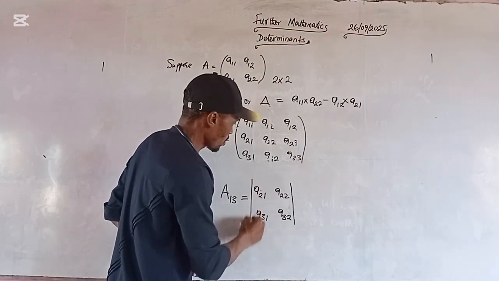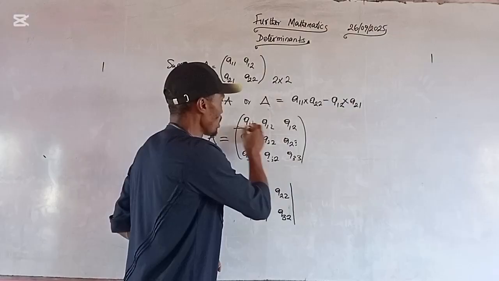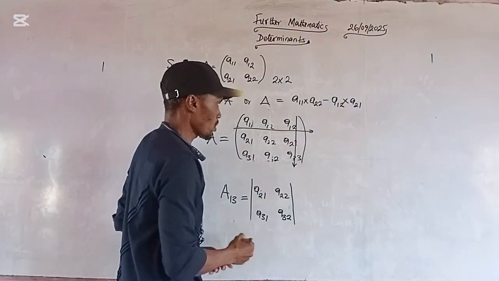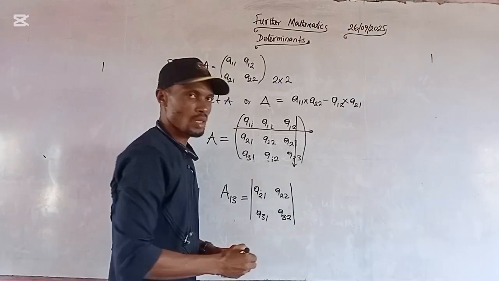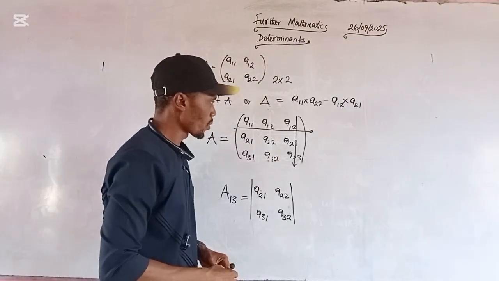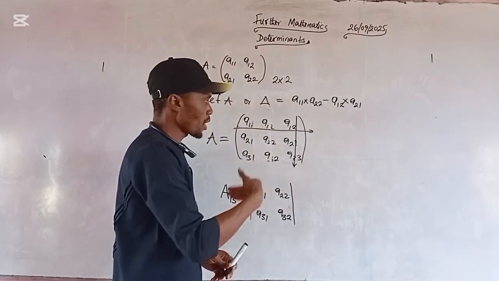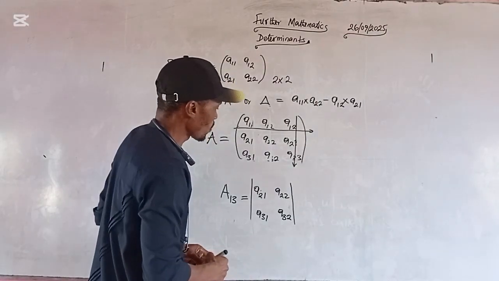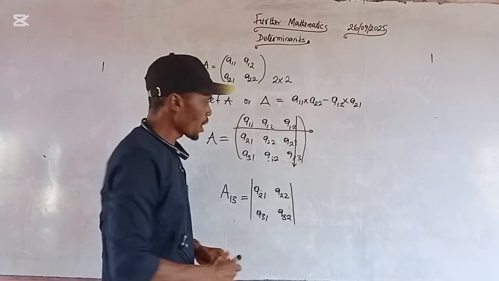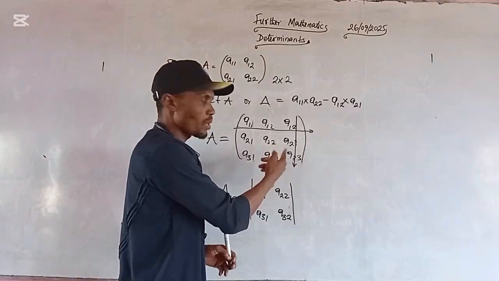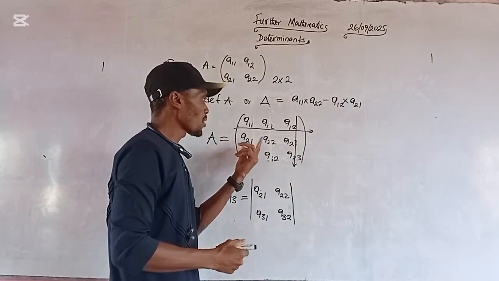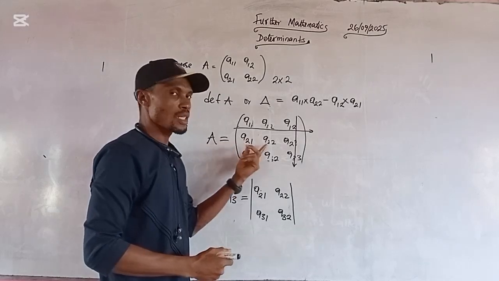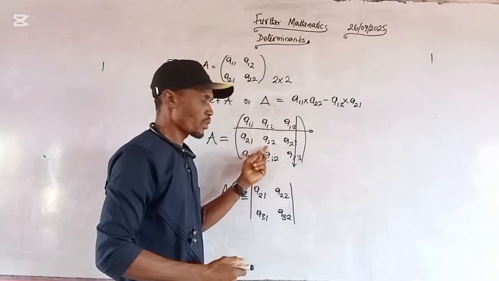This is done by eliminating the row and the column associated with A13. If we keep abreast with this pattern, we will find out that we can obtain the minor determinant of each of the elements by which matrix A is defined.